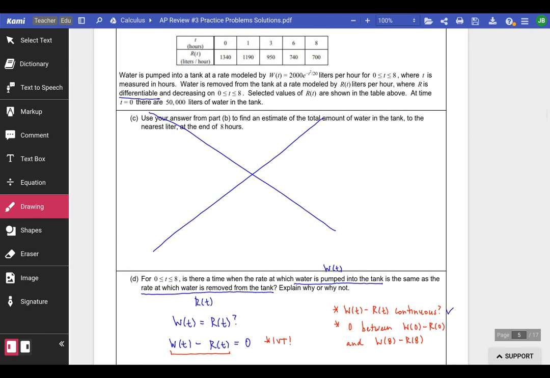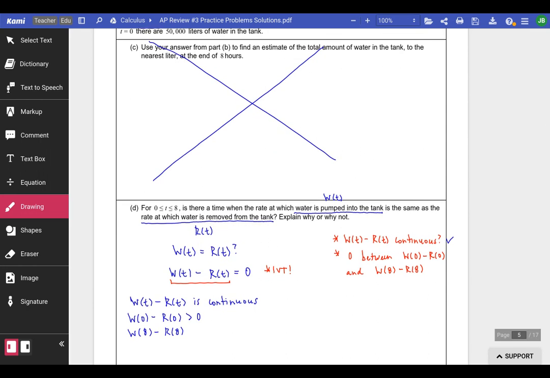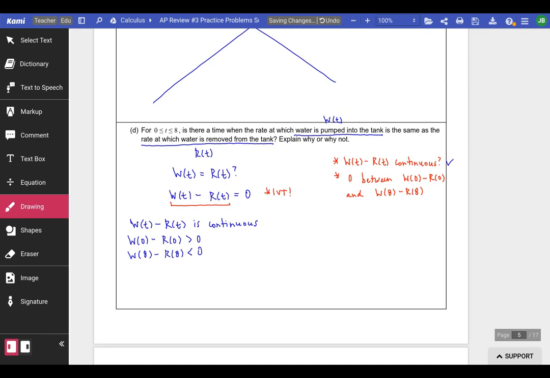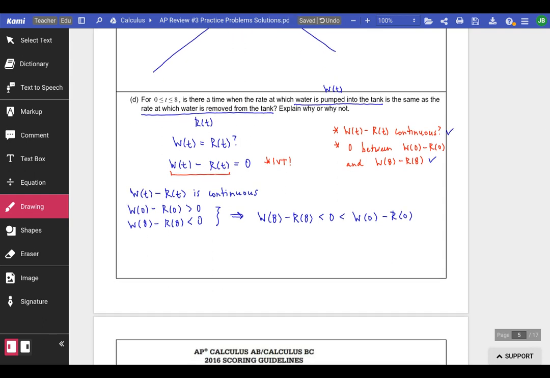R of 8 is 700. If I subtract those, it's pretty obvious that it's going to be less than 0. So 0 is in between those: W of 8 minus R of 8 is less than 0, which is less than W of 0 minus R of 0. So we know it's in between, and now we can use IVT.